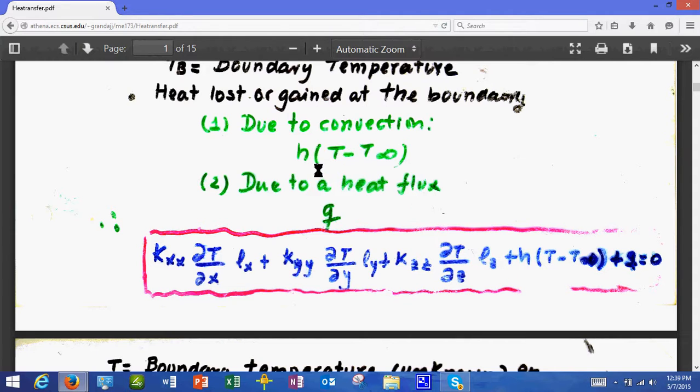So either you lose heat by convection, which is the fluid around a device. Let's say when you blow on something, that cooling is by convection. Like the cooling on your car, because not everything is just by the air flowing around, but also due to heat flux, the other situation.